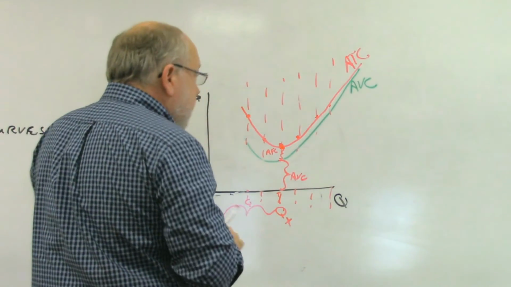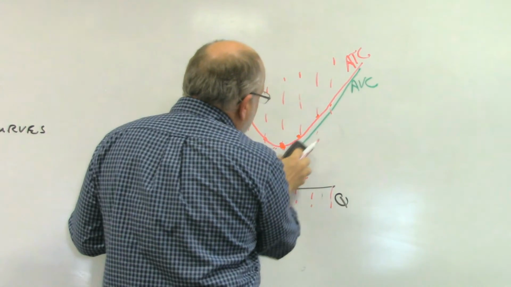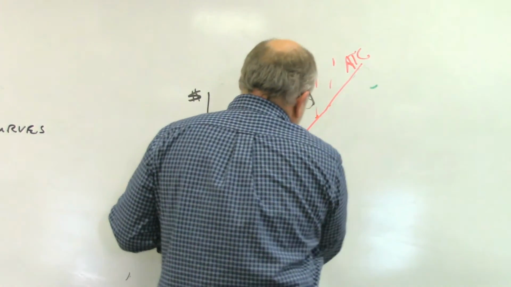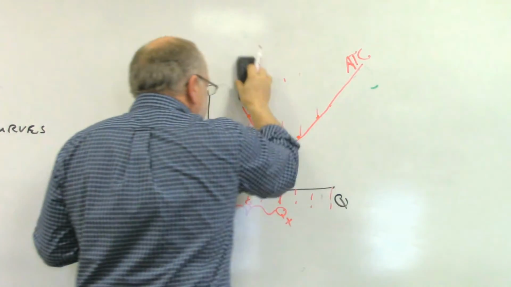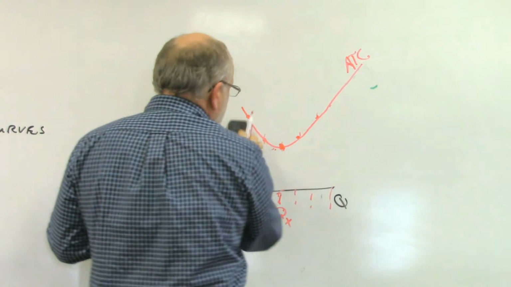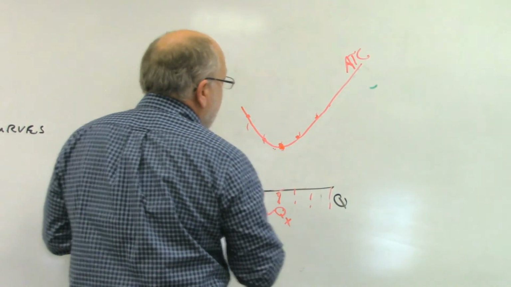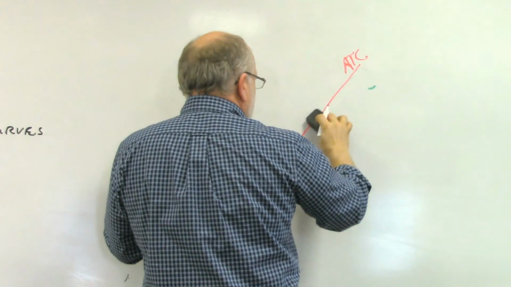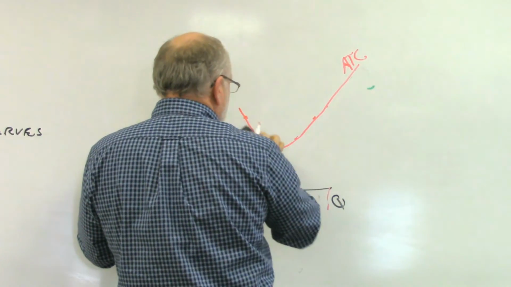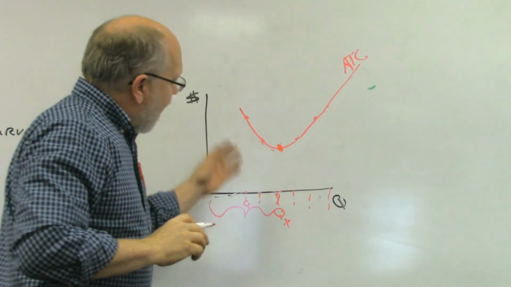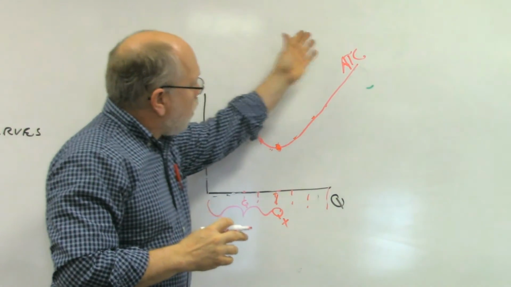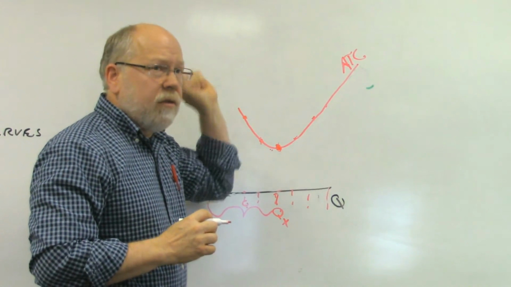So if you add them together, we get, if I can clean this up just a little bit for you here. I don't know if I'm going to make it worse or better if I mess with it anymore, because I'm not an artist. But for the average total cost curve, we see what we saw for the average variable cost curve.